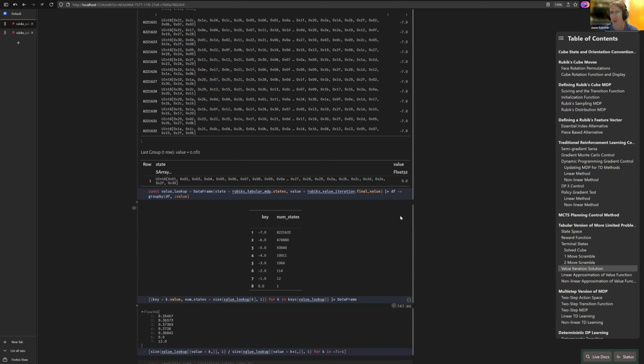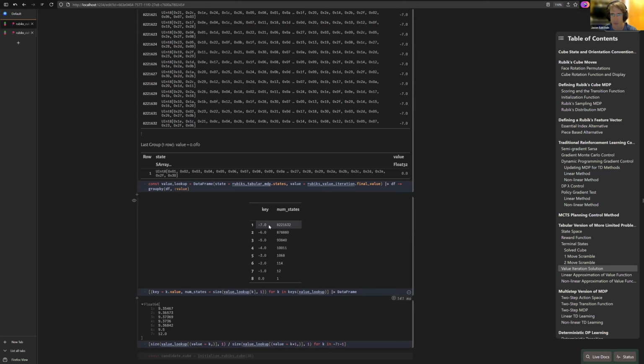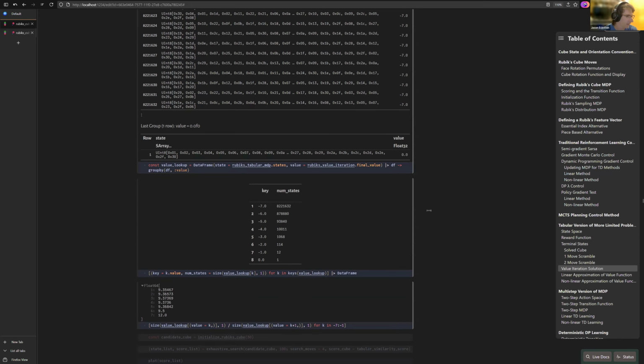It depends on how good our approximation function is, but it may have an easy time getting maybe this close to a solution. But on the other hand, if it actually gets this close to a solution, it's likely that it also knows how to get the rest of the way there. So you could also do this for 8 maybe, but here I stopped at 7 just for practicality.